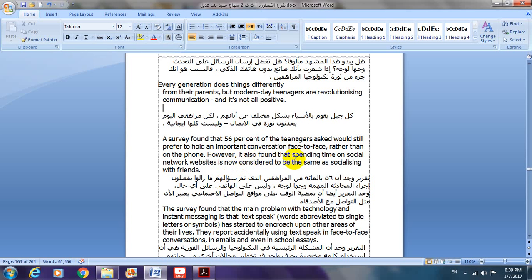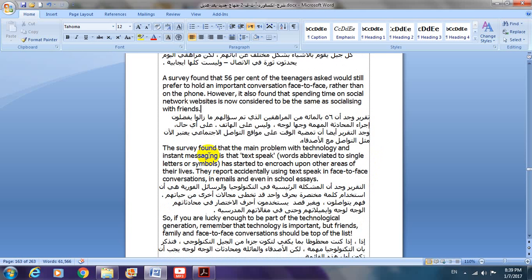However, it also found that spending time on social network websites is now considered to be the same as socializing with friends. The survey found that the main problem with technology and instant messaging is that text-speak, words abbreviated to single letters or symbols, has started to encroach upon other areas of their lives.